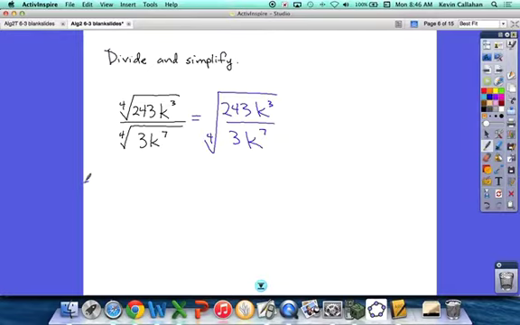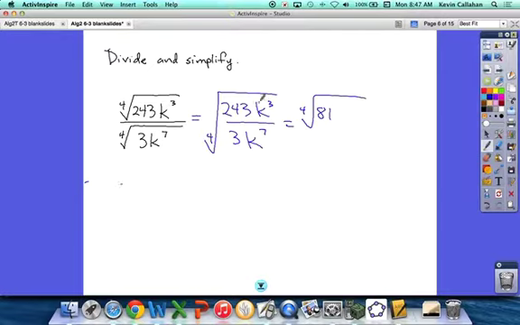Now, you would assume that 243 is divisible by 3, and you could check it in your calculator. What is 243 divided by 3? It's 81, right? So we've got the fourth root of 81.